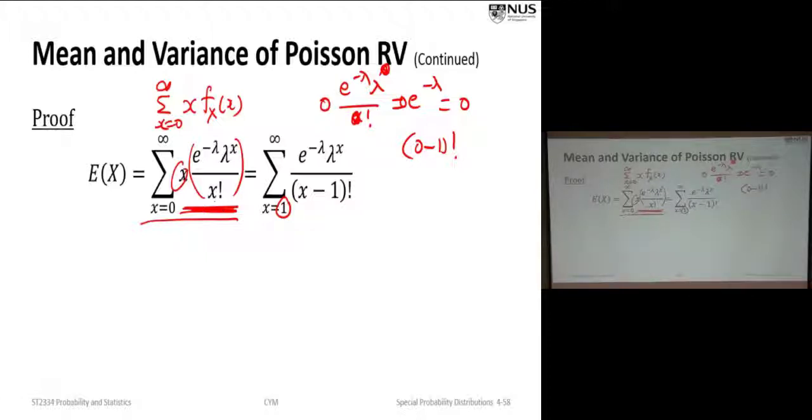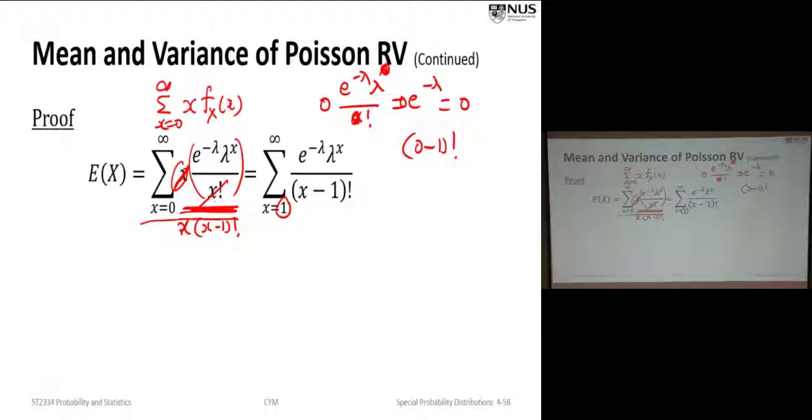So that makes sense. After I do the cancellation, x doesn't cancel with all of x factorial. It only cancels one of the factors. x factorial means x times x minus 1 factorial. So you cancel the x, and you still have x minus 1 factorial. So how to do the next step to simplify this one?